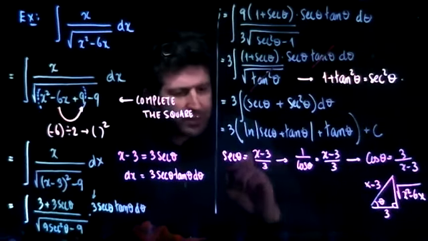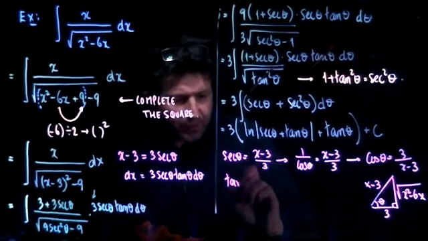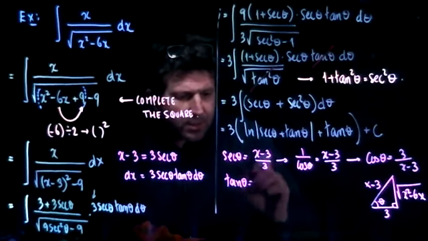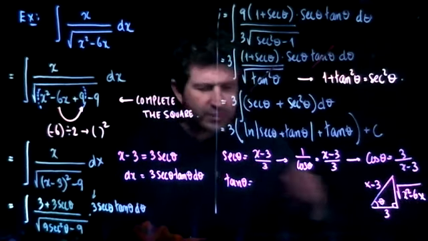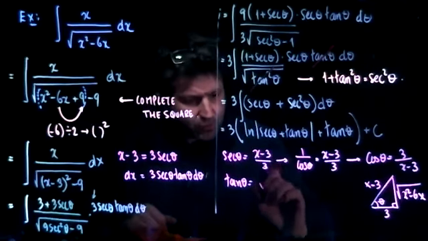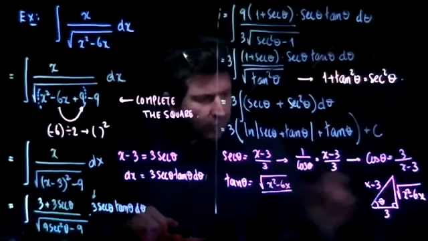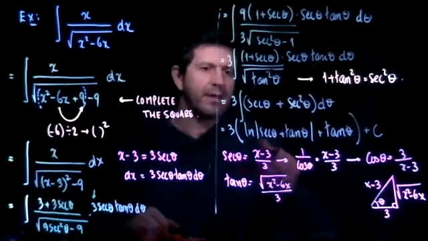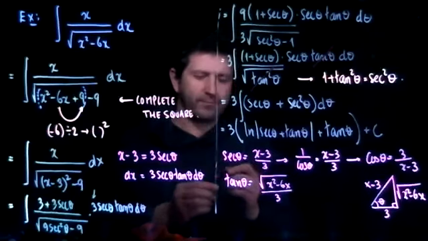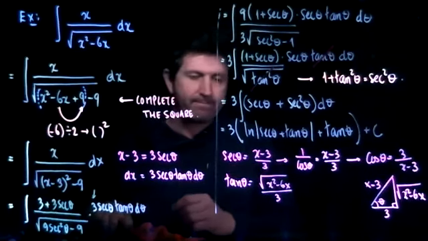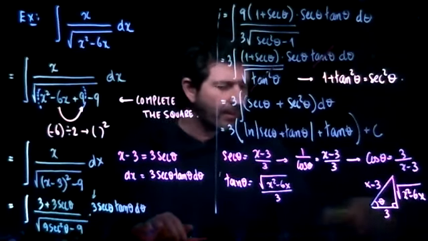Okay, and so from here, I could find what the tangent is. Tangent is opposite over adjacent. So square root of x squared minus 6x over adjacent, which is 3. And now I just need to replace everything in it.